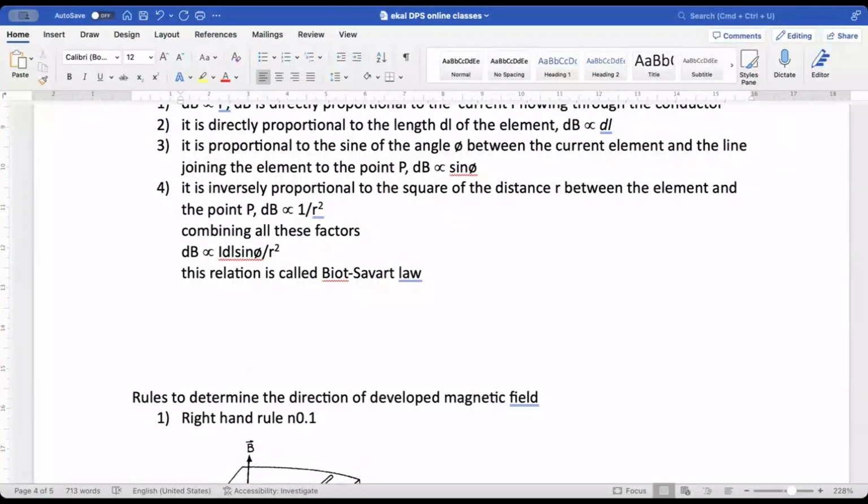Right? Now, we have dB equals constant, the proportionality constant will be mu naught by 4 pi, into I dl sine theta, right, upon r square.